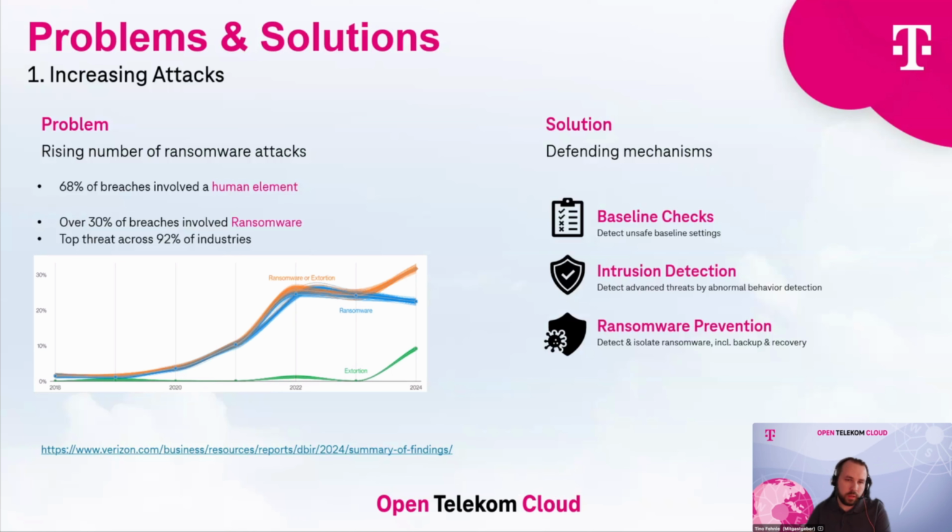The next thing is the intrusion detection. So you want to have some kind of attack detection mechanism to detect advanced threats by, for example, abnormal behaviors. And last but not least, the ransomware prevention. You want to detect if ransomware is running on your system. You want to isolate it, and of course, you want to have regular backups, which you can then recover to continue with your business, to achieve the business continuity you want to have.